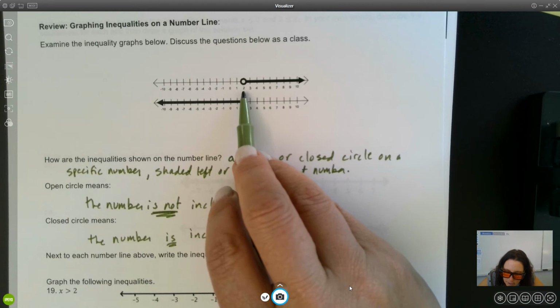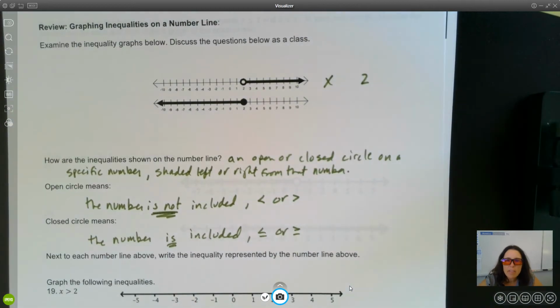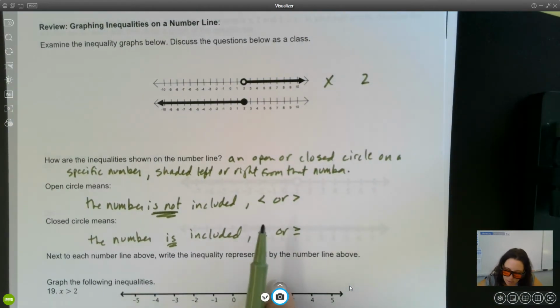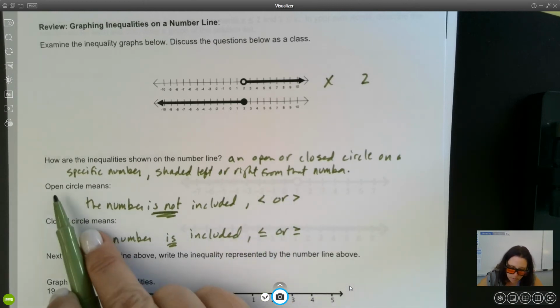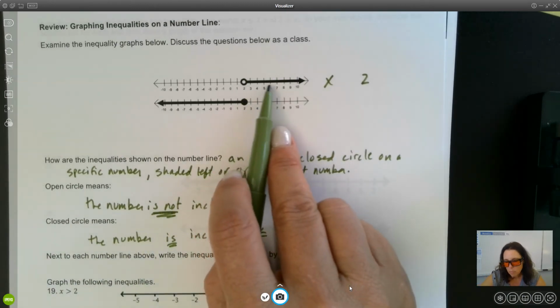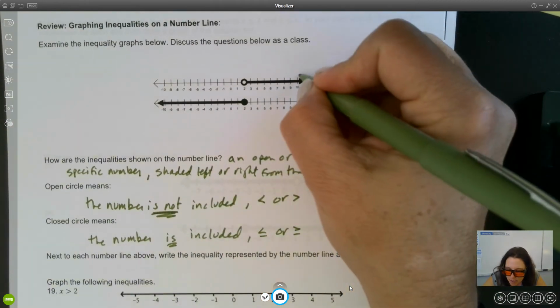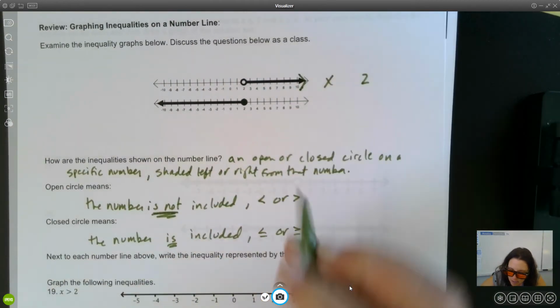Okay, this guy, there's an open circle at 2. So I know I'm going to have that. The question is, is it one of these symbols or was it one of these symbols? Okay, well, it's an open circle, so it's going to be one of these. And do you see that I'm pointed to the right? Okay, think about this as this.